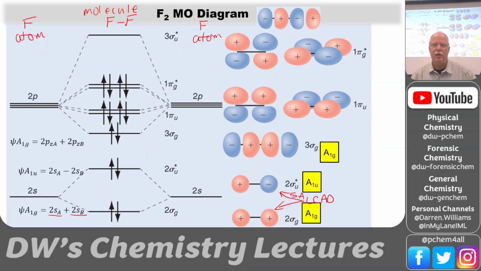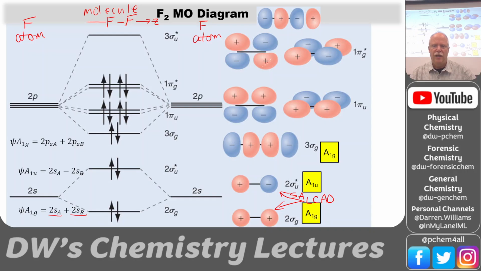I went ahead and put a plus sign here, even though the plus and minus has switched on that, because I wanted the plus ones to have no nodes or fewer nodes than the minus ones. So this is the 2pz on atom A and the 2pz on atom B. Why the Z axis? Well, that's the symmetry axis, right? This has a C infinity axis along the Z direction. So this is the Z axis of the molecule. So these are 2pz's.